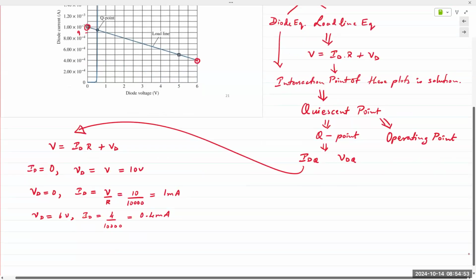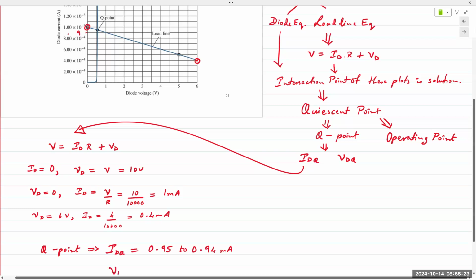This is about 8 into 10 raised to minus 4, so 0.8, and take 0.9. The accepted values, in my opinion, so IDQ, I would state ranges from 0.95 to 0.94 milliamps.